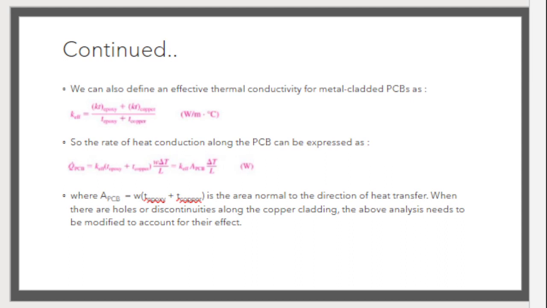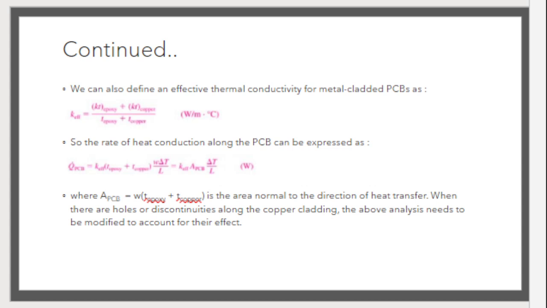We can also define an effective thermal conductivity for metal cladded PCBs as k effective equals (kt of epoxy plus kt of copper) divided by (thickness of epoxy plus thickness of copper), in watt per meter per degree Celsius.